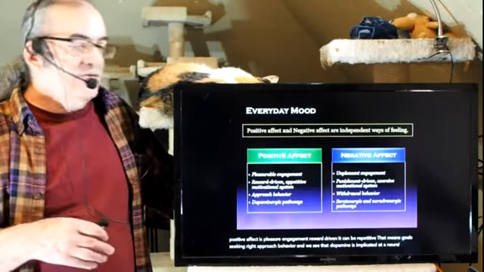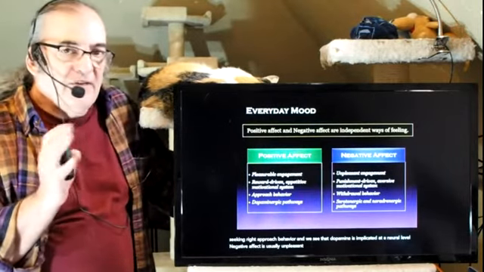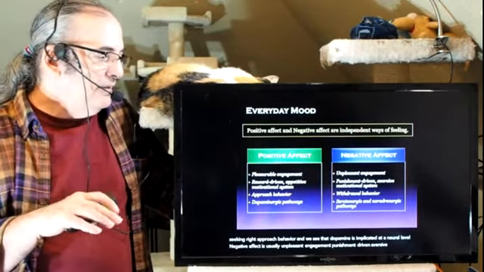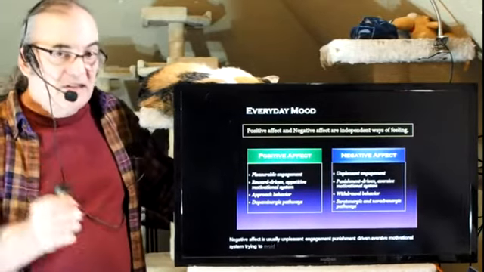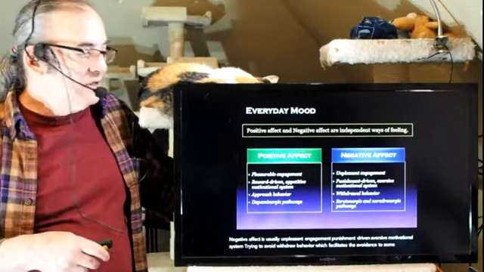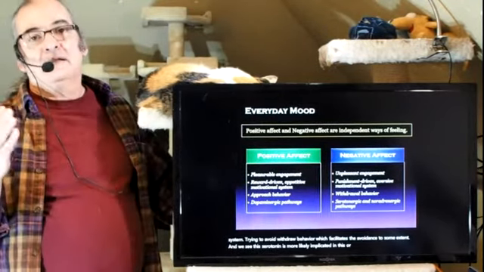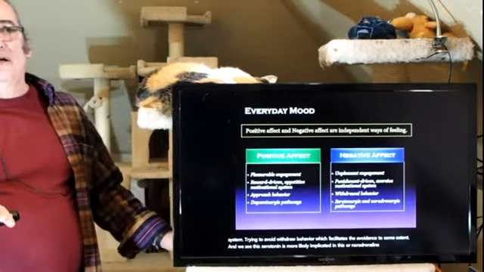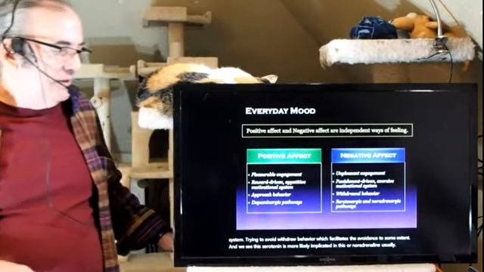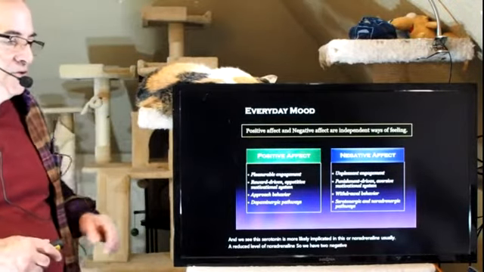Negative affect is usually unpleasant engagement, punishment driven, an aversive motivational system trying to avoid, with withdrawal behavior, which facilitates the avoidance to some extent, and we see that serotonin is more likely implicated in this, or noradrenaline, usually a reduced level of noradrenaline. So we have 2 systems, negative and positive affect.